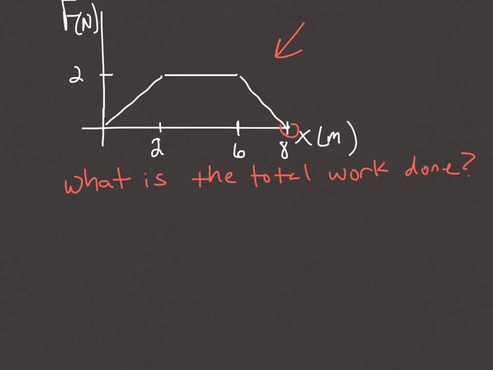Okay. So all you need is the intervals. So this is one shape, breaking it up into the areas. How much work is done over the first 2 meters? 2 joules. What's the work done in the second 4 meters? How many joules? 8 joules.